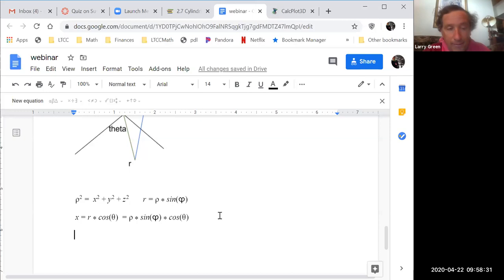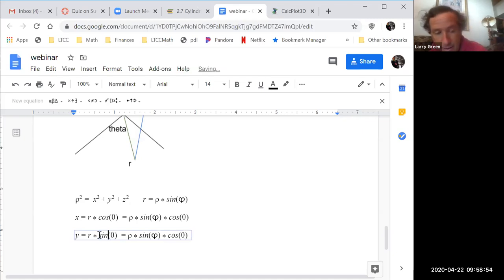How about y? The hint is I'm just going to copy and paste and change what I need to change. There we go. So y is equal to r sine theta. Hopefully you know r is rho sine phi.